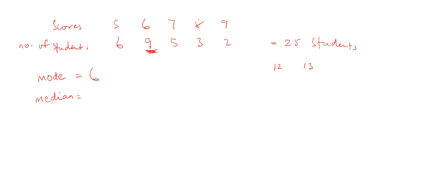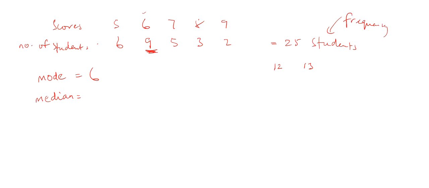The number of students you could think of as frequency, really how frequently a particular score occurs. So we know we have 25 students, and let's look at this. 6 students scored 5. When we move to the 6 mark, we have 9 and 6, which is 15 students.